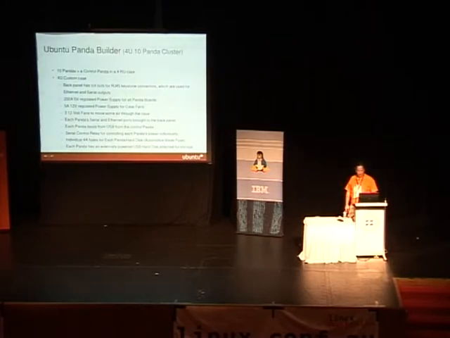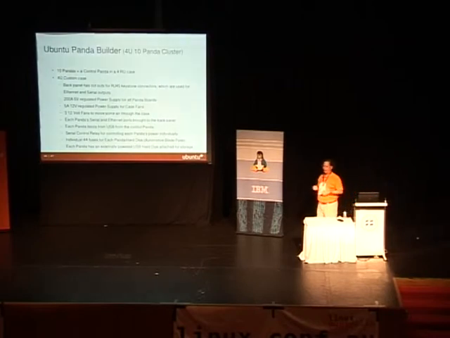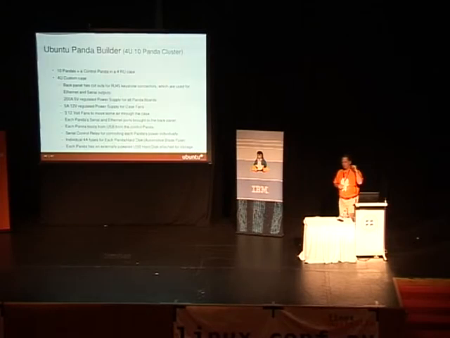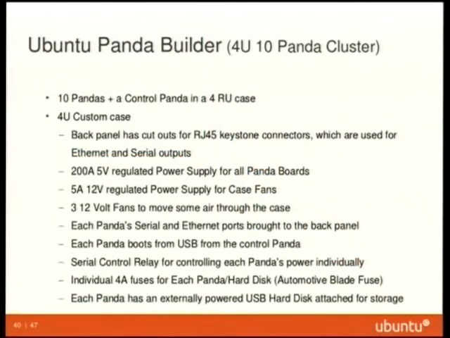We added a serial control relay to control each Panda's power. Ran into a slight problem. The Panda board has an interesting bug. It takes 5 volts in to run the board, but if you have a powered USB device plugged into it, the USB port works slightly incorrectly.